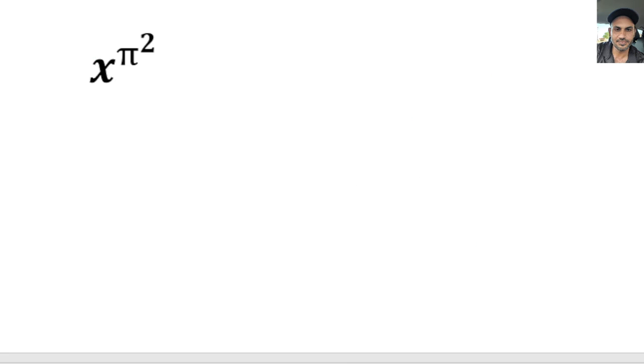Now let's go ahead and do another example. Here we have x to the pi squared. So we want to take the derivative of this expression. We are still going to apply the power rule here, where the derivative of x to the n equals n times x to the n minus 1. So let's write it in the derivative expression: d over dx of x to the pi squared.